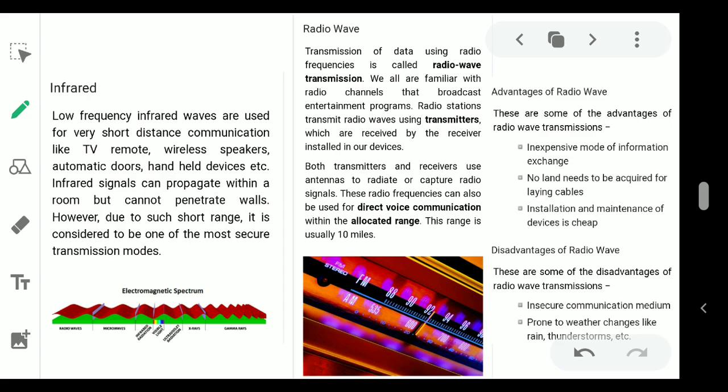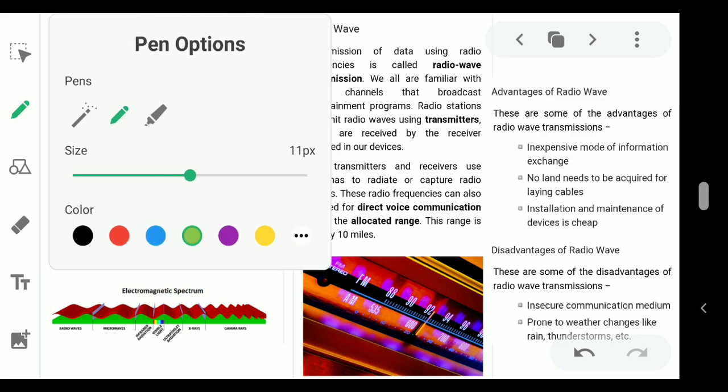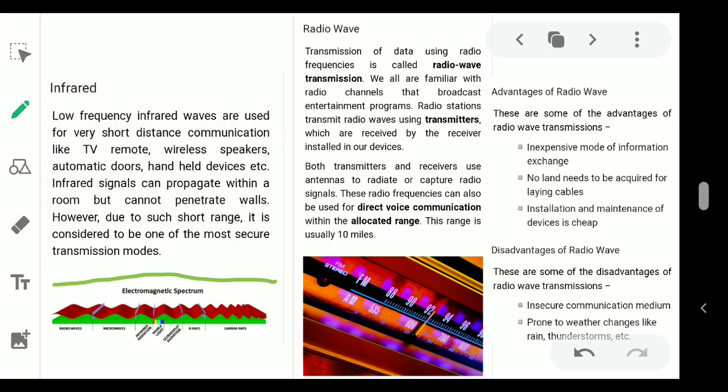You are able to see this picture. First are the microwaves. Between the visible region and the radio signal region, the infrared is coming.